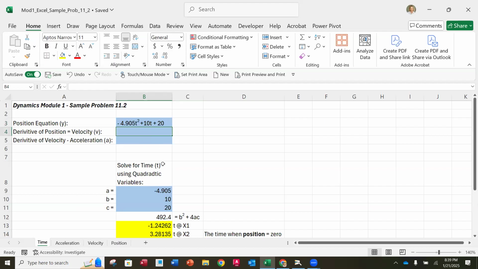So we have to fill in here. Did I put the wrong one? No, that's a different one. So no, we want to put in the one for the velocity. This was the other one. That's why. So I want to put my velocity equation in here.